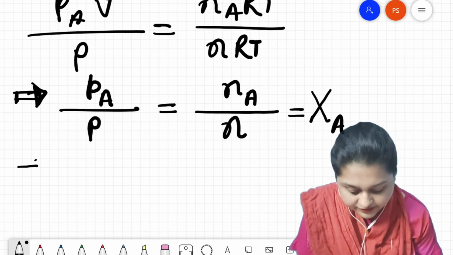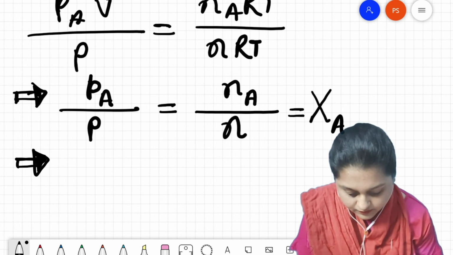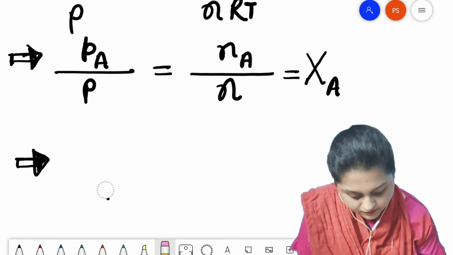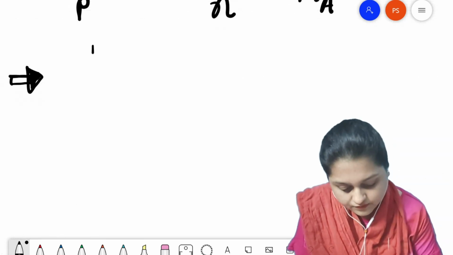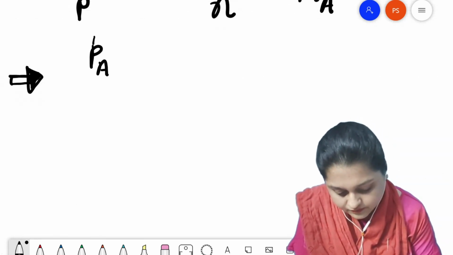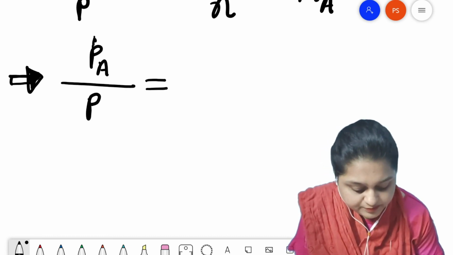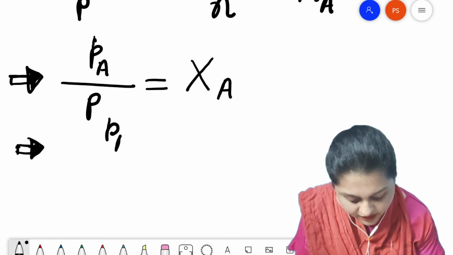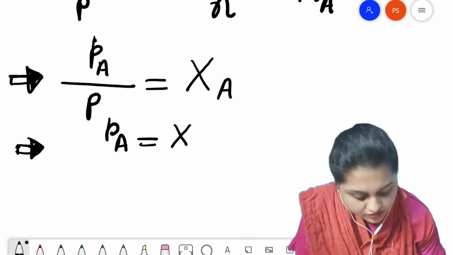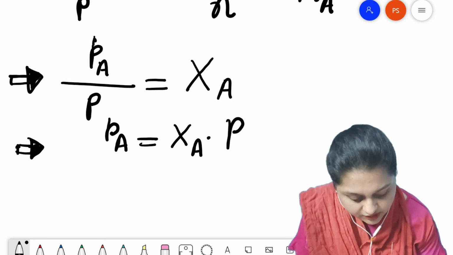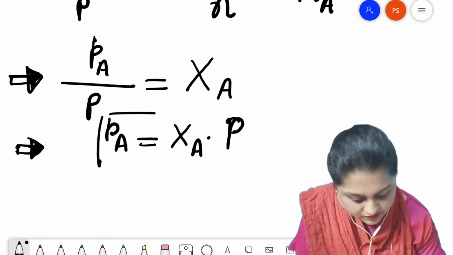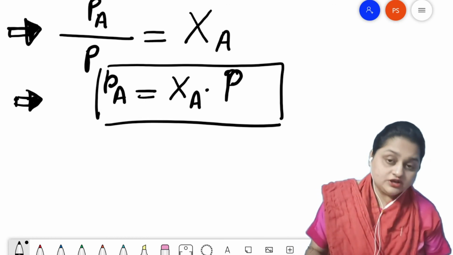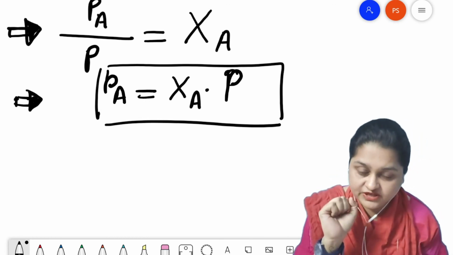So, we can write that Pa by the total pressure P equals the mole fraction of A, or Pa equals the mole fraction of A times the total pressure P. Thus, we can calculate the partial pressure of a gas in a mixture of gas if we know the mole fraction of the gas and the total pressure of the gas.